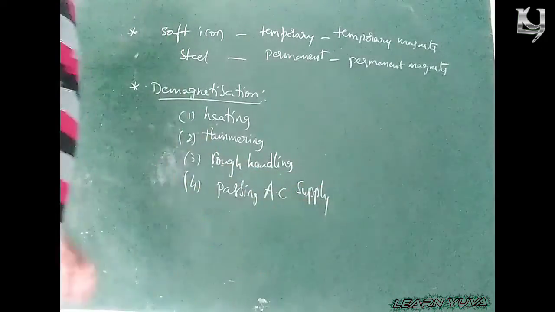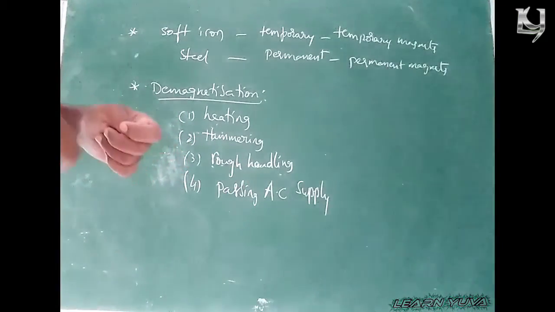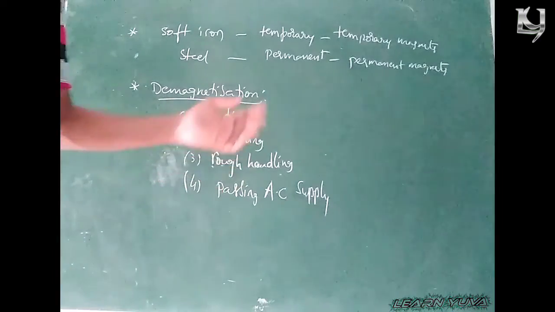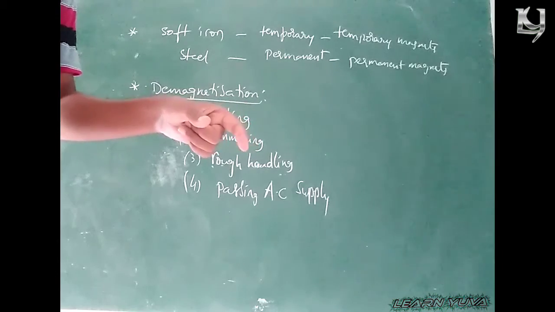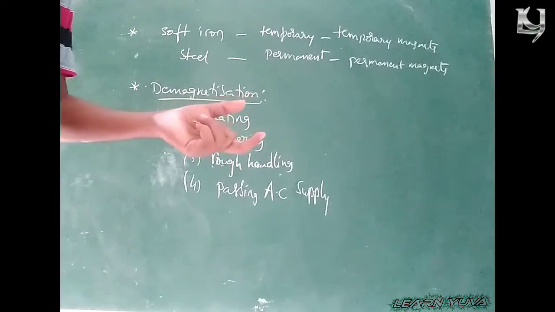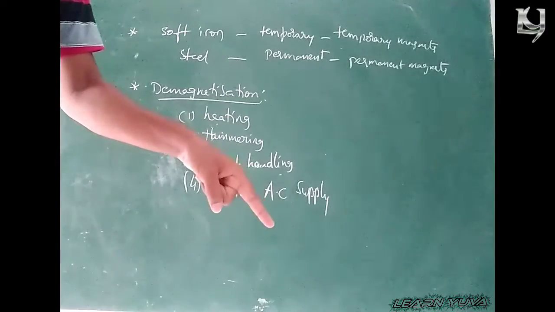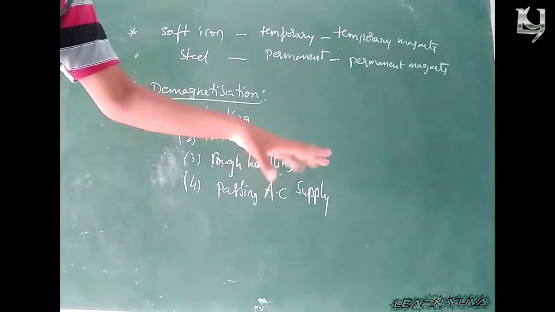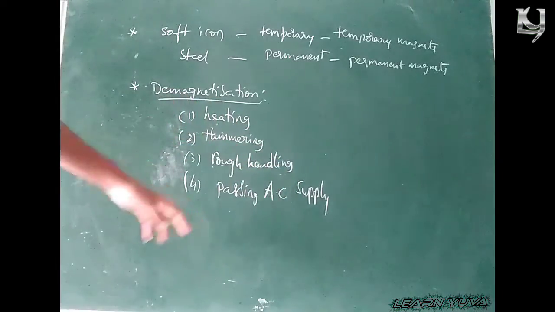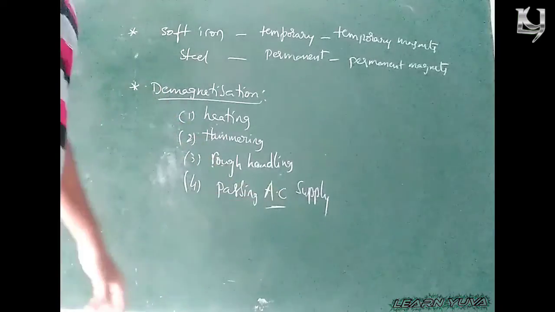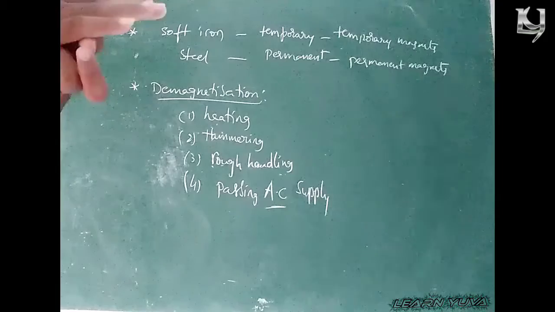In the electric method we gave DC supply, direct current, to make it a magnet. But if you pass AC supply to a magnet, it loses its magnetic power, so we should not pass AC supply to a magnet. We can give DC supply.